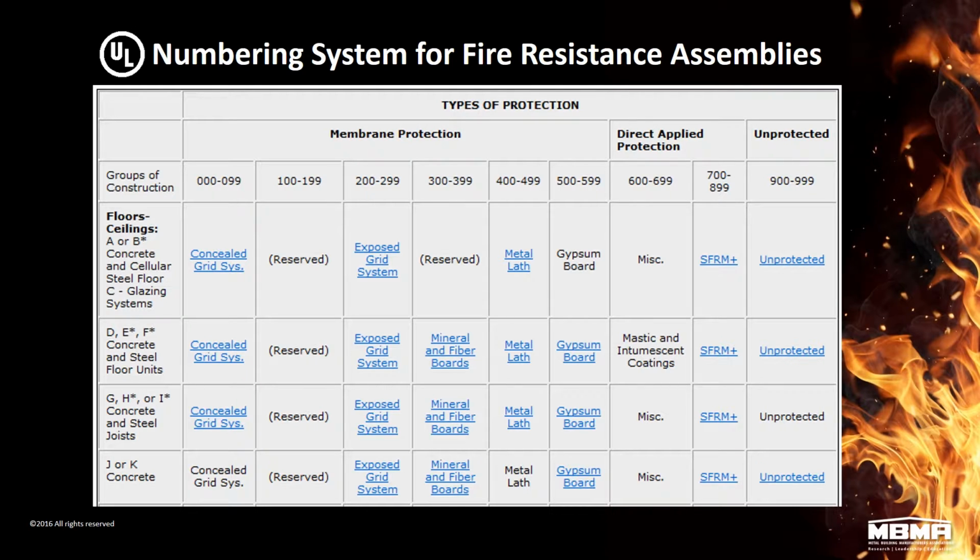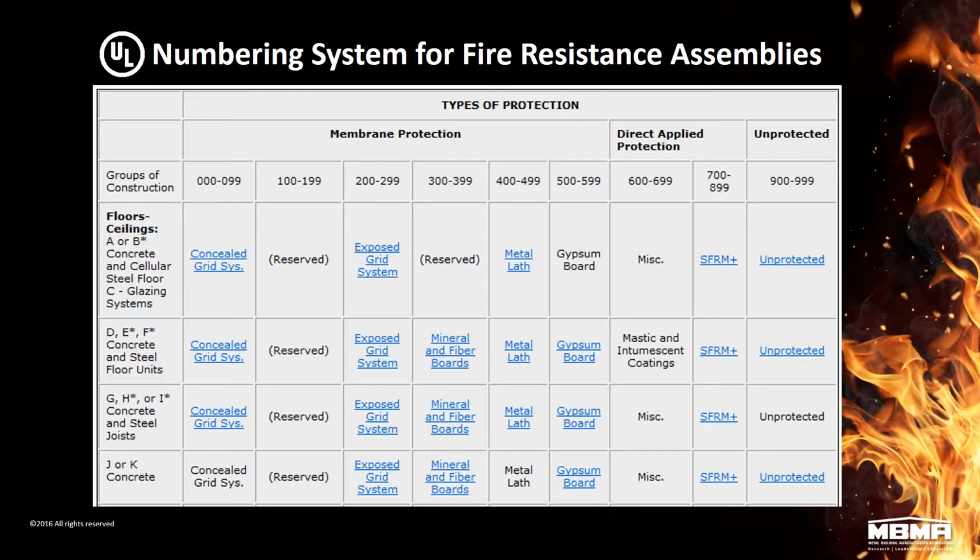UL is one of the primary accredited labs that does fire resistive testing and issuance of these rated assemblies. They have a system for classifying the different types of construction and assemblies that they have, as well as the different types of protection. It's an alphanumeric system.